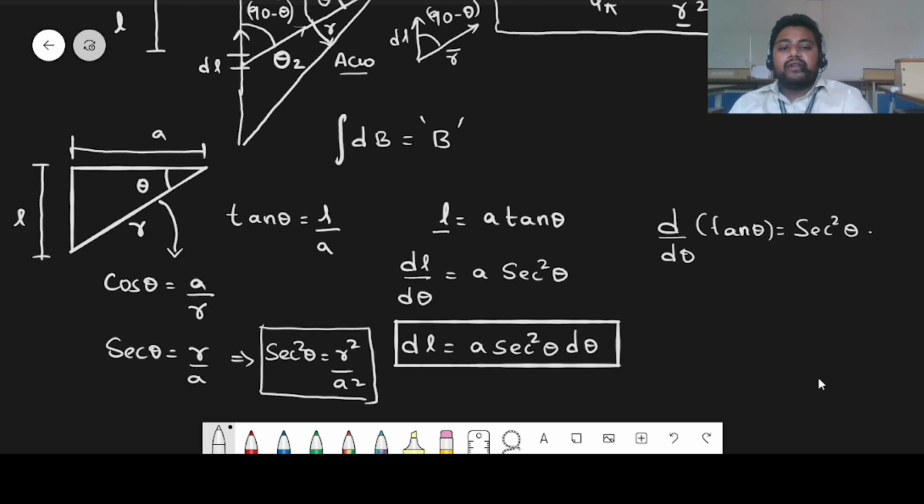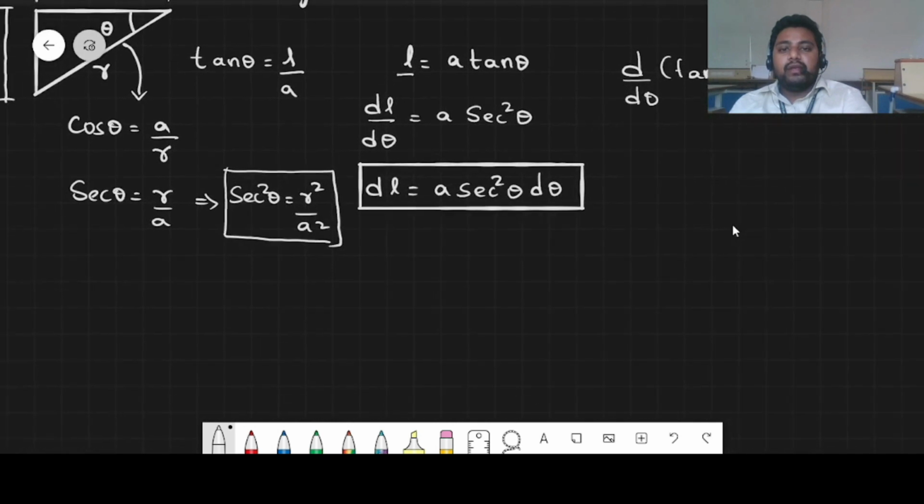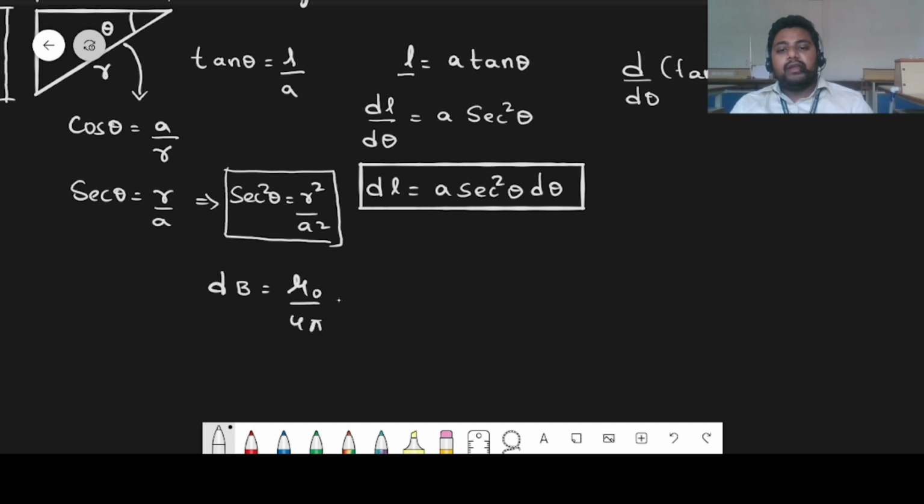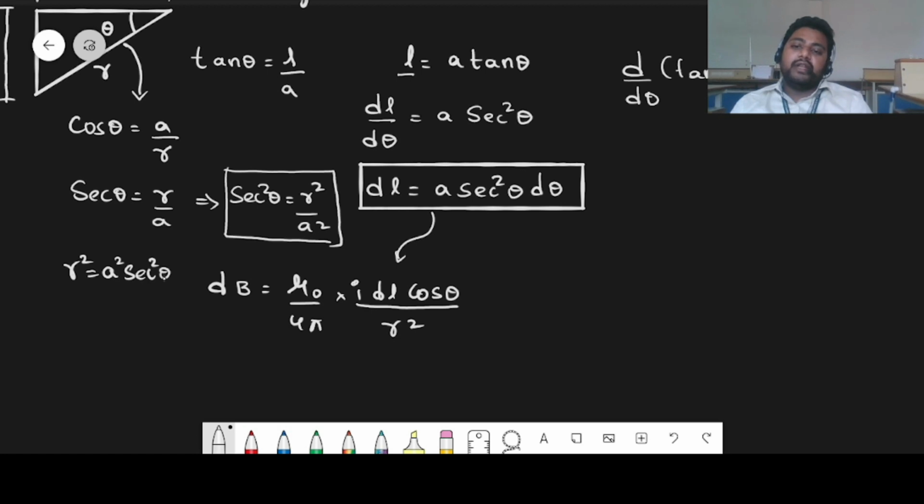So now the general formula of dB, we are getting it as mu naught by 4 pi into I dl cos theta divided by r square. Now in place of dl, I can substitute A secant square theta, and I can write r square as A square secant square theta.